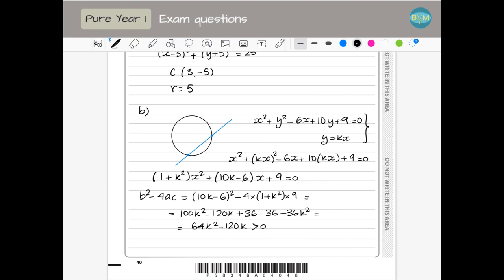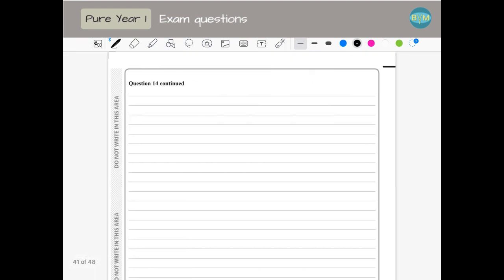It's a quadratic inequality, so what I can do is factorize it and then decide what values of k make this positive. So if I factorize that, I have 8k(8k minus 15), and this must be positive. So I like doing it graphically, but you can do it considering the sign of the factors.